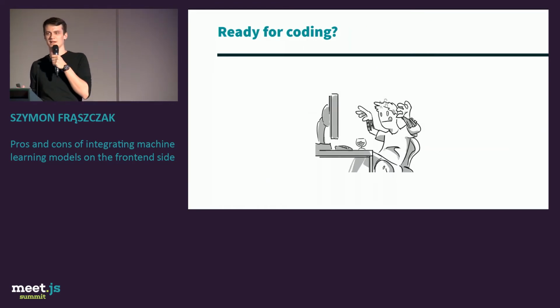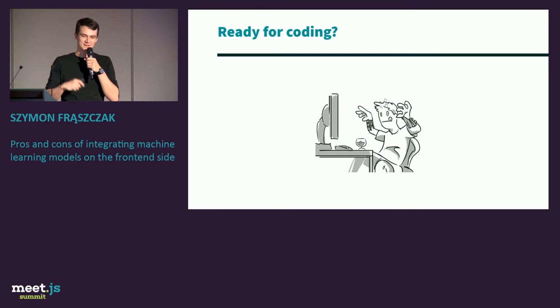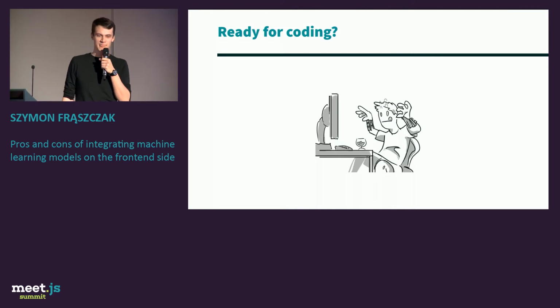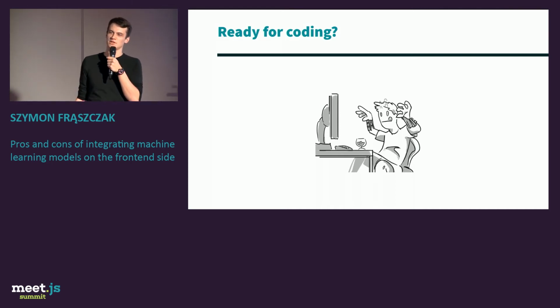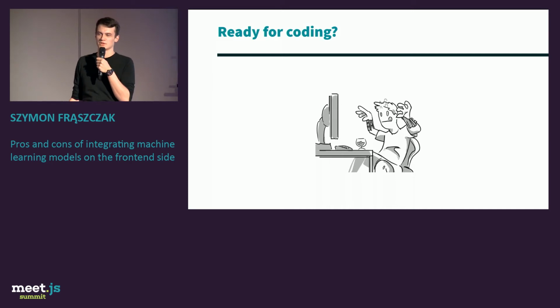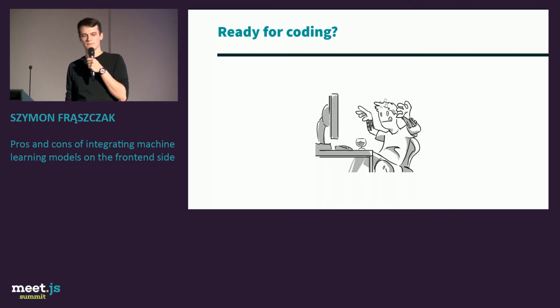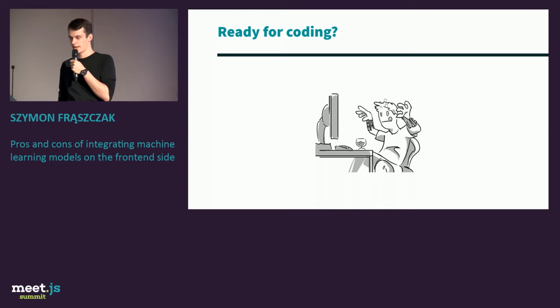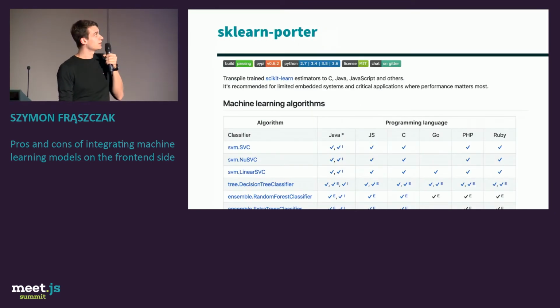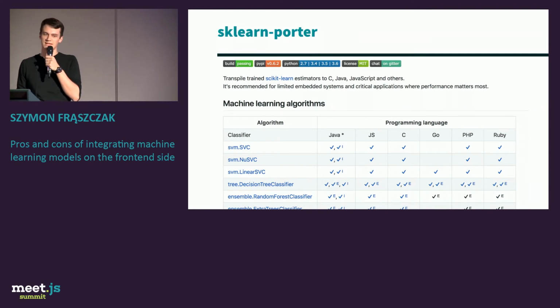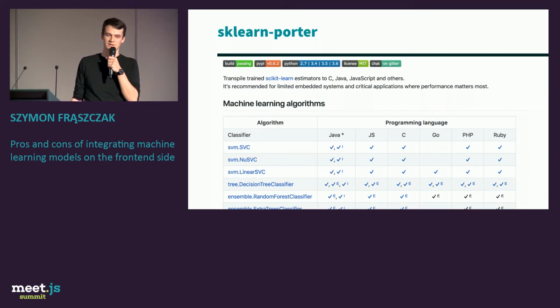So having that, we might assume that we are ready to code the whole algorithm. But at this point, we decided that we don't want to implement a whole machine learning framework for running machine learning algorithms on the front-end side. We started looking for existing solutions on the web. And on GitHub, you can find a project called sklearn-porter.